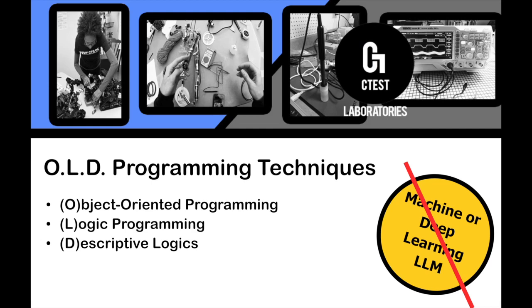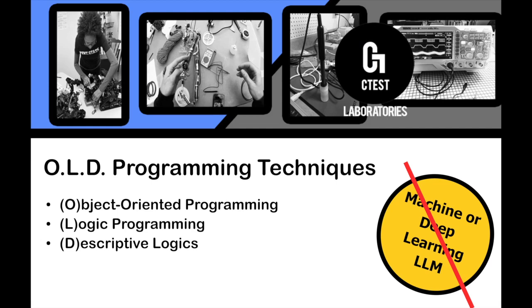And so that's what that's all about. So when we say old programming, what we mean is we're using object-oriented programming and logic programming techniques largely. And descriptive logics are used as an interchange format or protocol between our subsystems.